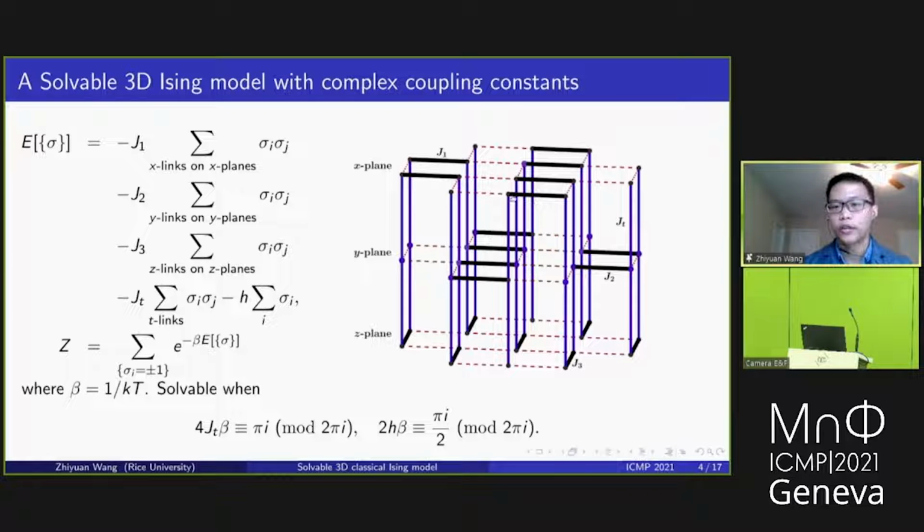On the horizontal black links, the coupling constants are real, while on the vertical blue links, the coupling constants are imaginary, and the model is exactly solvable when these two conditions are satisfied. Later on, I'll comment on the physical meaning of these imaginary coupling constants, but let me present the solution first.